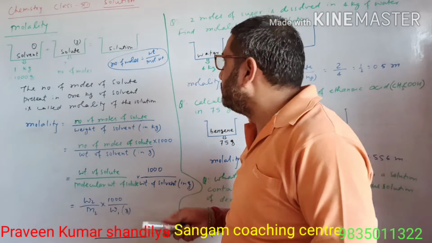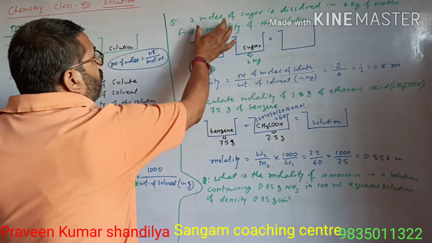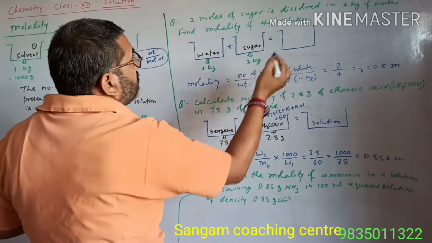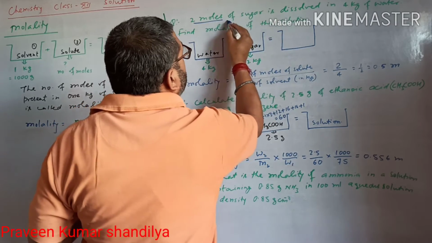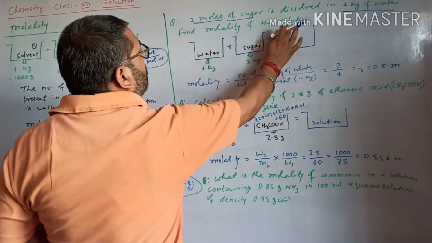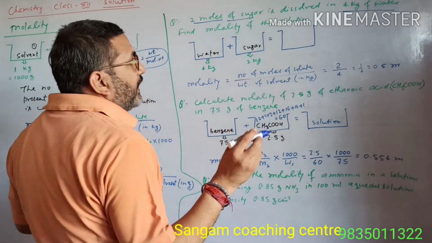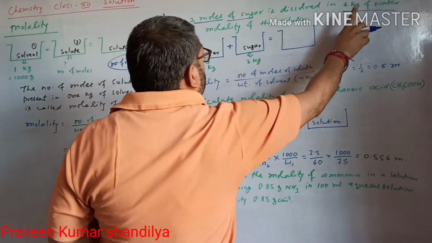I have a problem. 2 moles of sugar is dissolved in 4 kg of water. Find molality of the solution. Where can we keep water? Here.